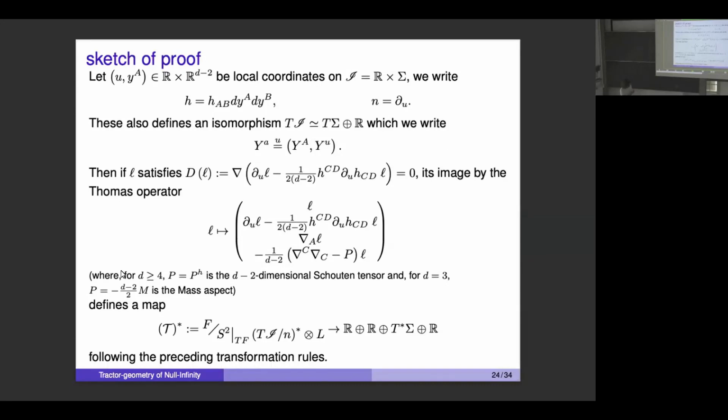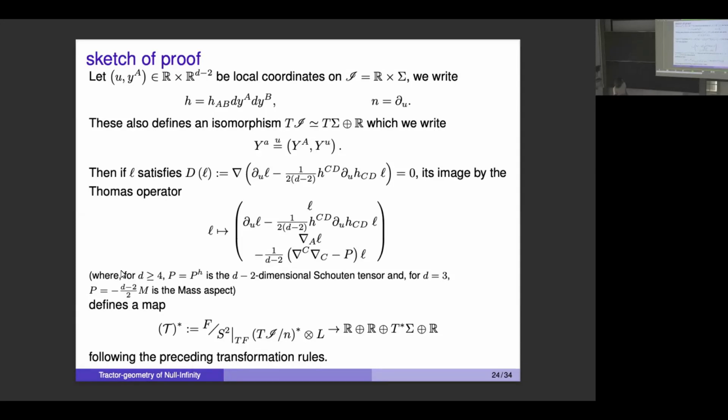Okay, so how do you derive these splitting isomorphisms? Essentially, what you need to do is find out the good Thomas operator that does the job. And it exists. So I'm not going to spend too much time on this, but just to review, there is something like a Thomas operator. You take a scale. What's interesting is that it's not any scale. It already should satisfy some differential condition. And here it's really where the null feature comes in.